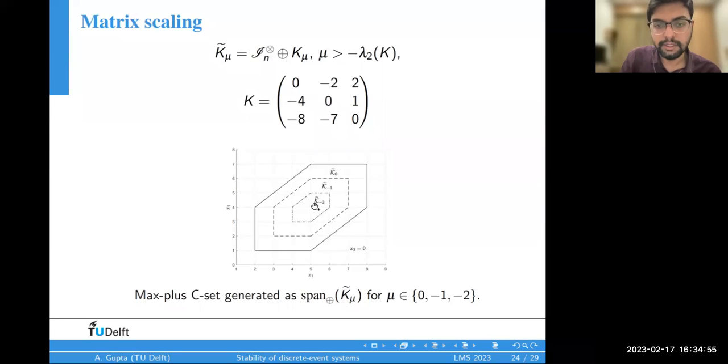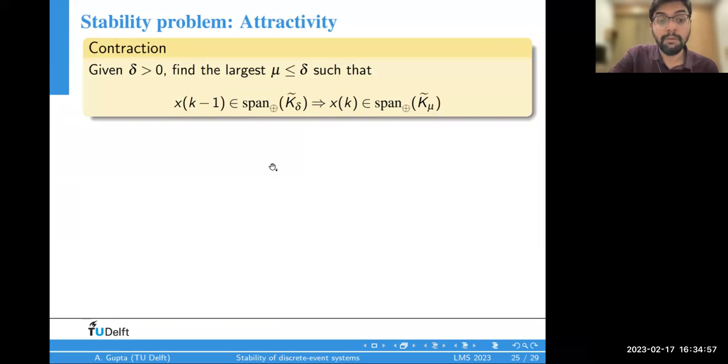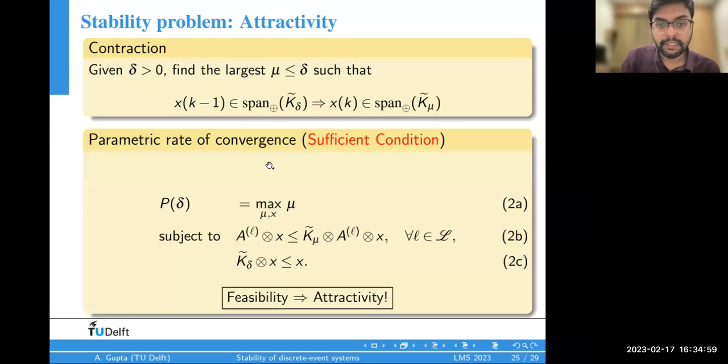So I can write that again as a parametric mixed integer program, right? I can say that if my x_{k-1} is in this K delta, and K mu is contained in K delta, then it contracts and the next state is actually inside. So I can calculate the rate of convergence as a parametric mixed integer program.